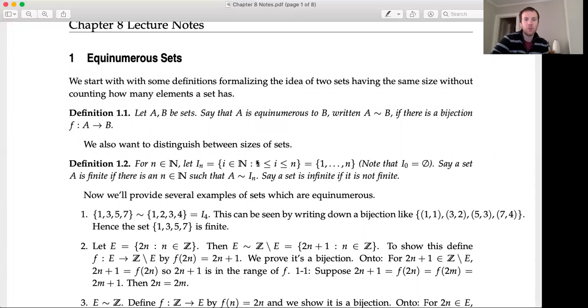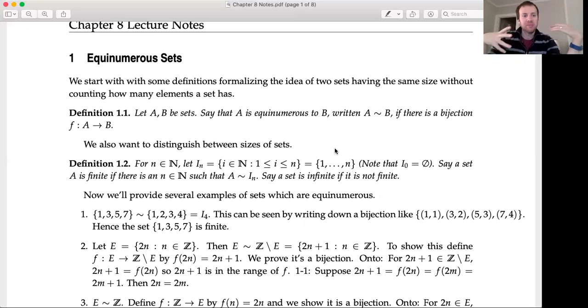There are no numbers greater than or equal to 1 and less than or equal to 0. So if you write down I sub 0, there's nothing in there. And so what we mean when we say a set is finite is that it is equinumerous to one of these sets. And we'll say that a set is infinite if it's not finite, if it's not equinumerous to any of these sets.